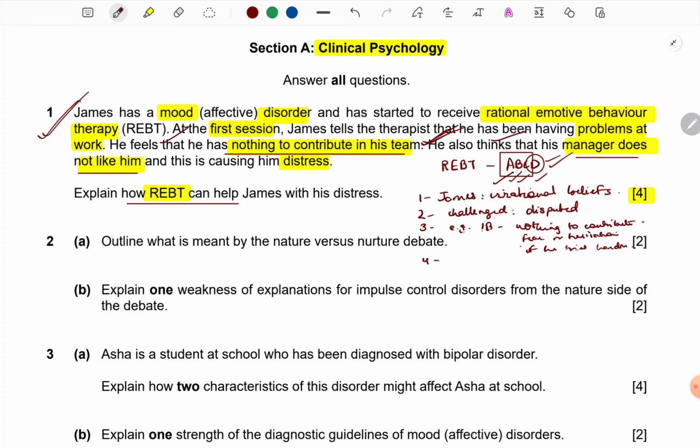He has to get James from the irrational to the rational thought. So the therapist can dispute this irrational thought. How? By suggesting a more rational thought. And then James will have to practice this more rational thought, and that is how he will be helped from his distress. This is how we have to explain this answer. Totally based on James' scenario and nothing to do with only the theory of REBT.